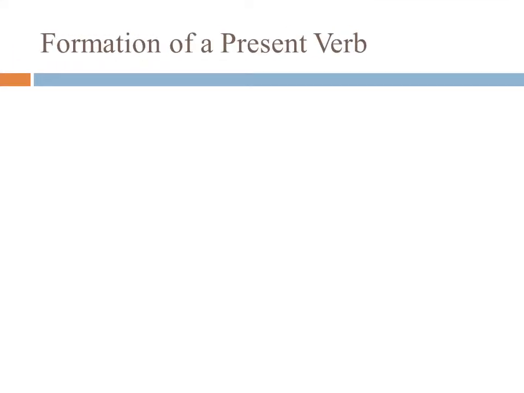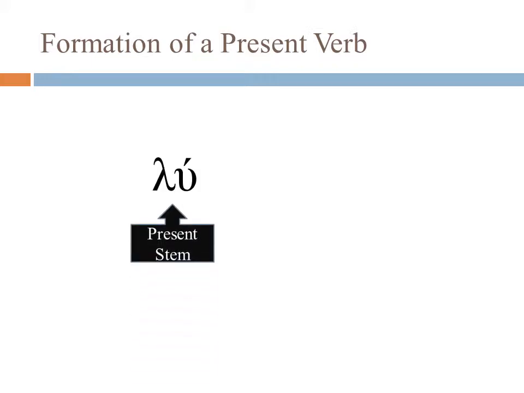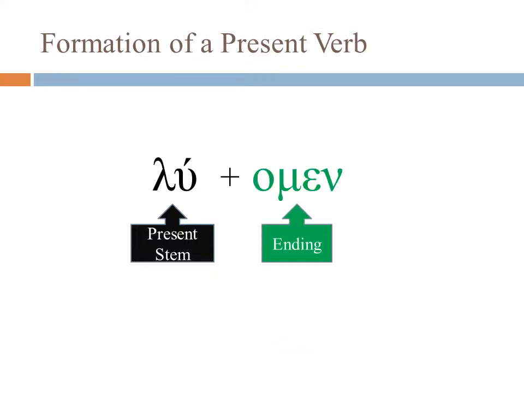Formation of a present verb. This is a little bit of review. Remember, the present verb is formed by the present stem. In this case, it's lu, and lu is the stem in all stems. That's why we use it. And the primary endings.